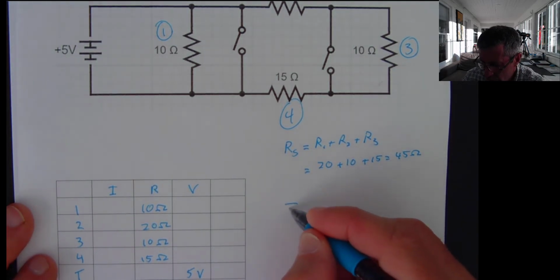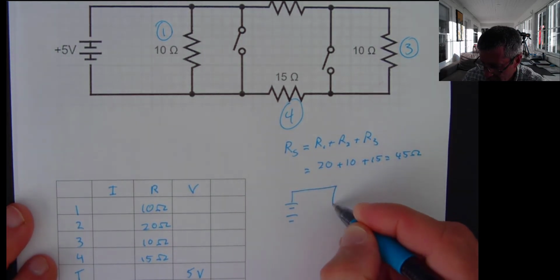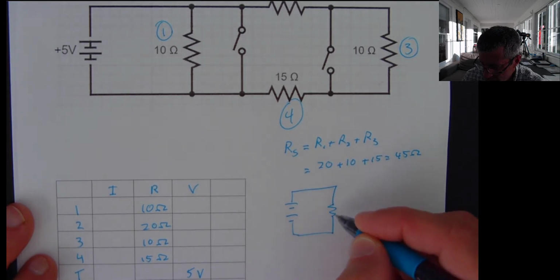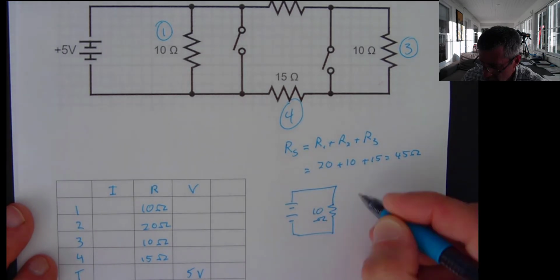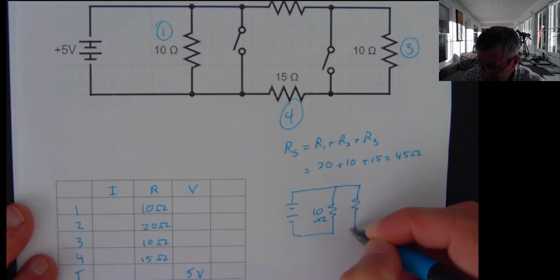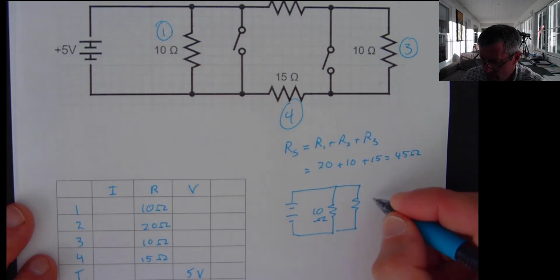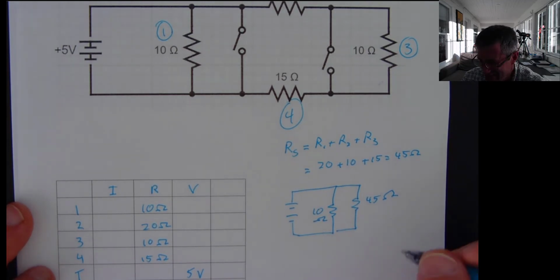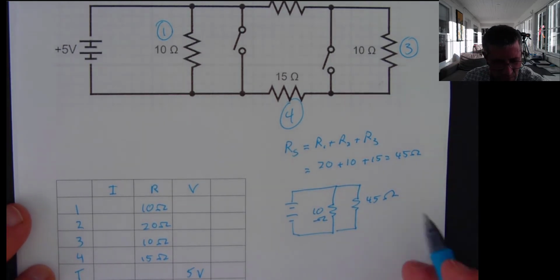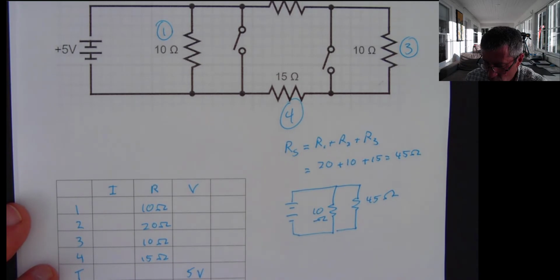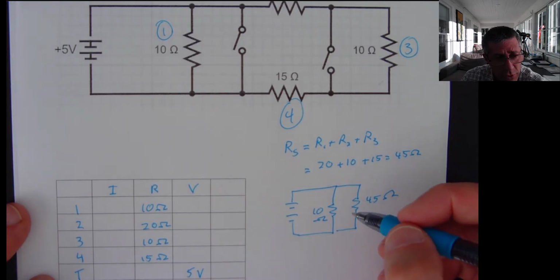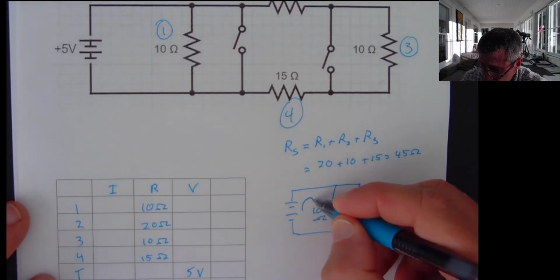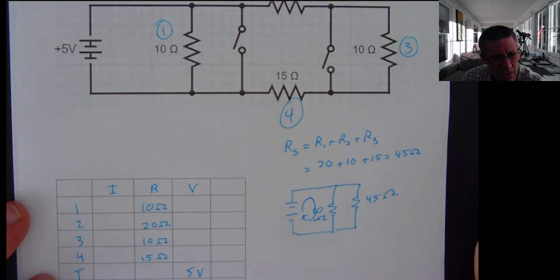So I could draw a new circuit, which is going to have my 10 ohm resistor here, and instead of those 3, one that's 45 ohms. Now I can figure out a couple of things. One, I could use a loop rule to say, what is the voltage drop across either of these 2 resistors?